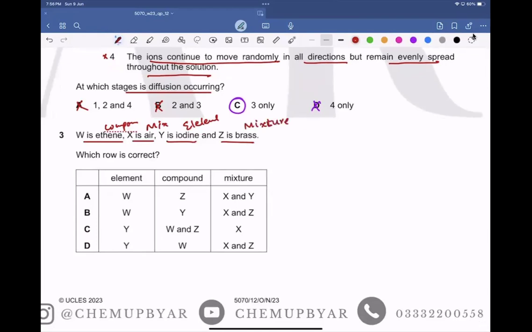X and Z are mixtures, so these two are correct. It means C and A go wrong. W is a compound, which makes B wrong as well. And D is the correct answer. Is this understandable to all of you? Yes, very good, Mustafa and Khadija.